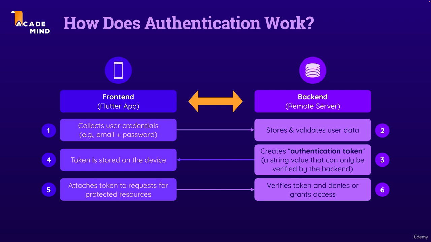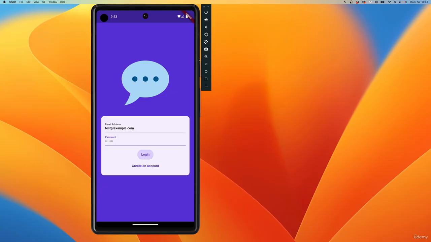So if a user logged in the past, we want to keep the user logged in and not always restart at the auth screen. So ultimately, it's about showing a different screen here instead of the auth screen if we have such a token, either because a user just finished logging in or signing up, or because a user signed up or logged in the past.